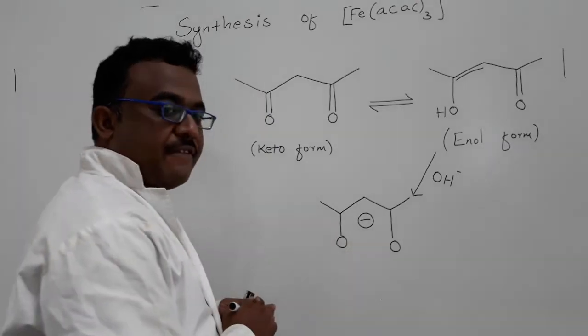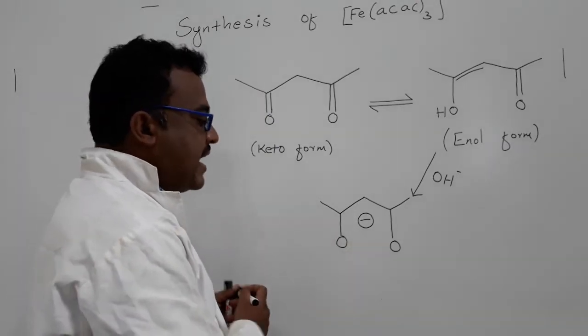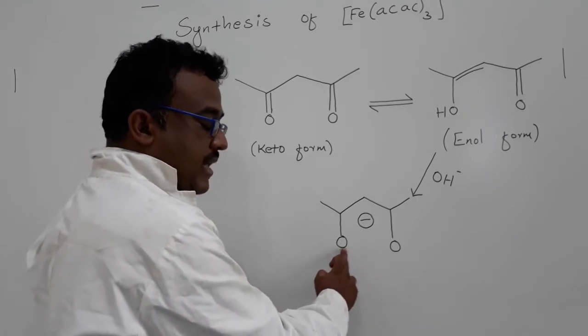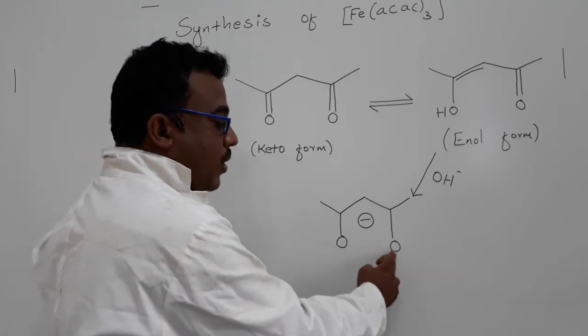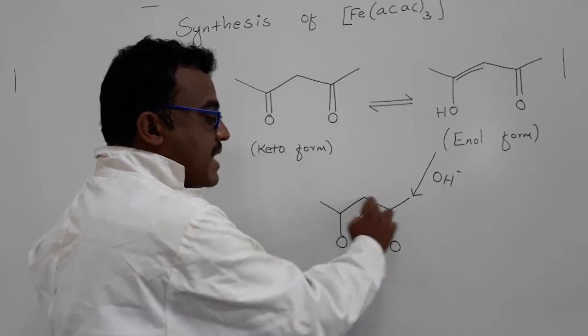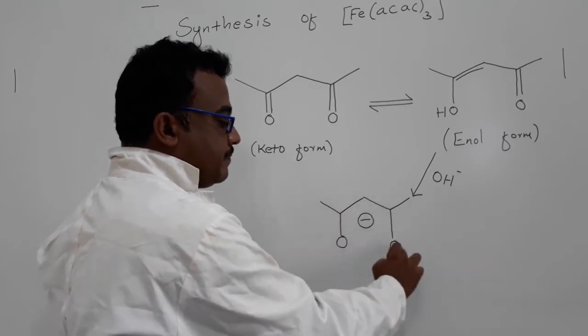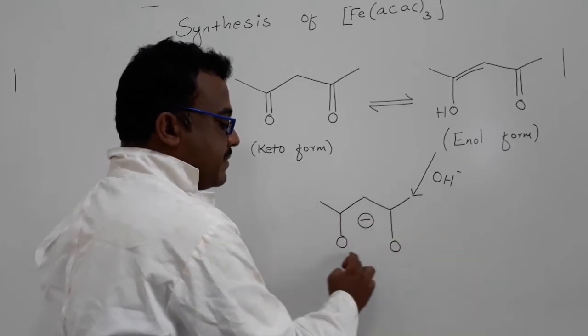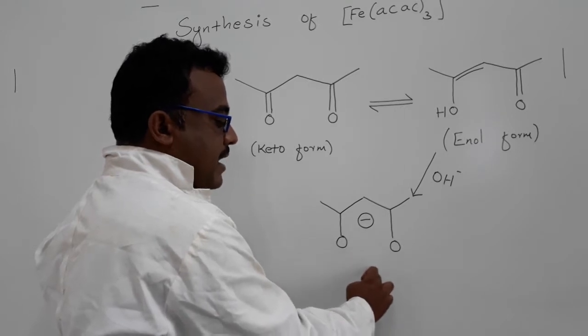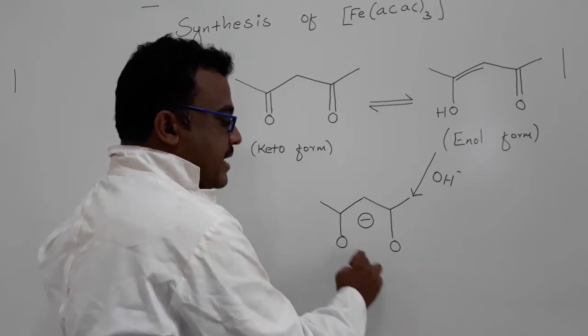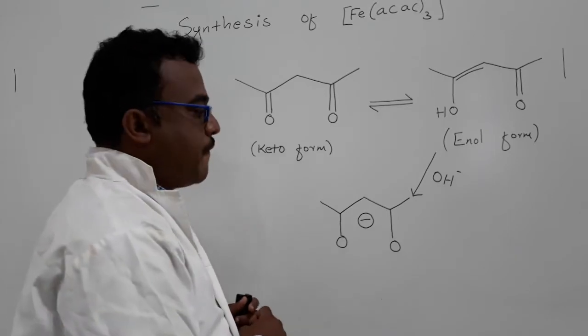This ligand has the ability to coordinate with the metal atom through two oxygen atoms. Once the oxygen atoms are engaged with the metal atom in a bidentate manner, a 6-membered ring will be formed.